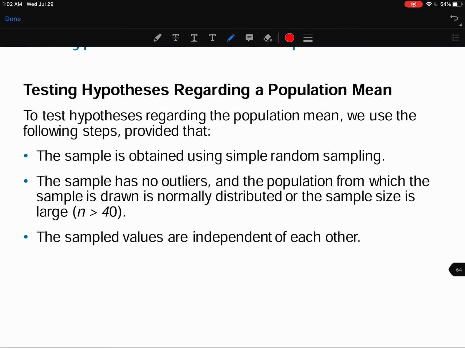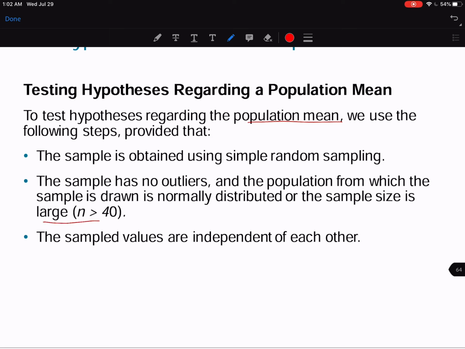All right, let's take a look at testing hypotheses regarding the population mean. To test the hypothesis regarding the population mean, we use the following steps. Number one, the sample is obtained using simple random sampling. Technically, this condition is always satisfied in the problems we're gonna see in this class. Number two, the sample has no outliers, and the population from which the sample is drawn is normally distributed, or the sample size n is large.